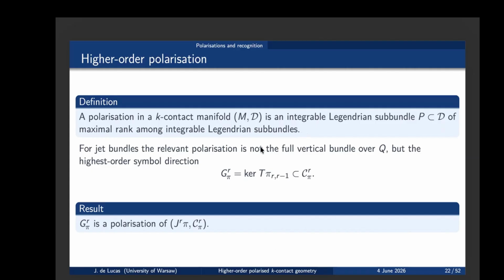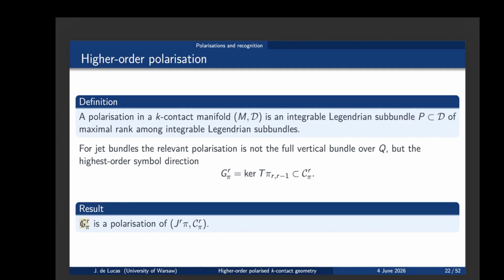So you have to consider a Legendrian subbundle, in the usual way of contact geometry, and it has to be integrable. And not only that, you have to ensure that there is no other with larger rank. If you do so, what you obtain is that the highest vertical bundle of the jet manifolds is a polarization in this sense.